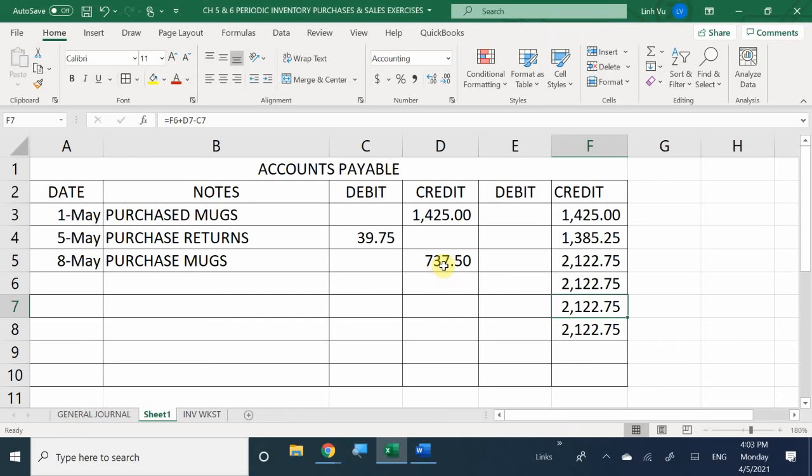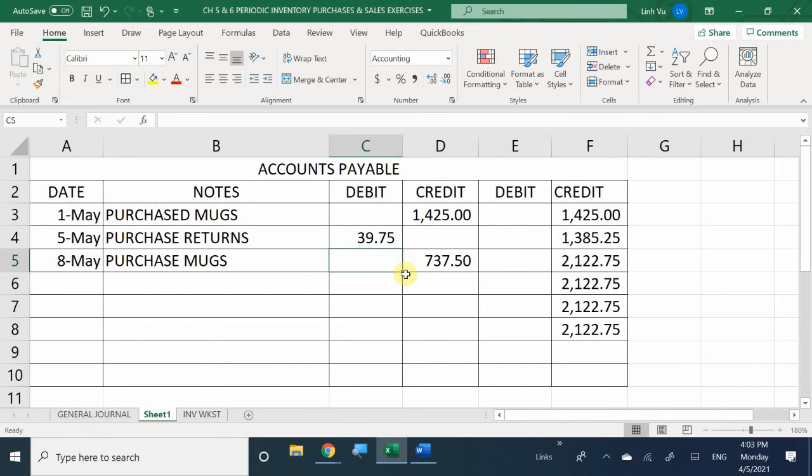Where would the C7 come from? See this one? Your C7. Why are you subtracting that? That's where I'm confused. Okay, so remember, my running balance.